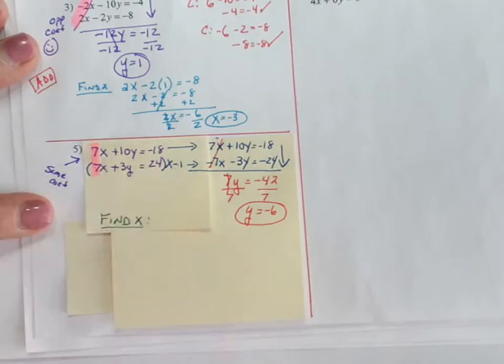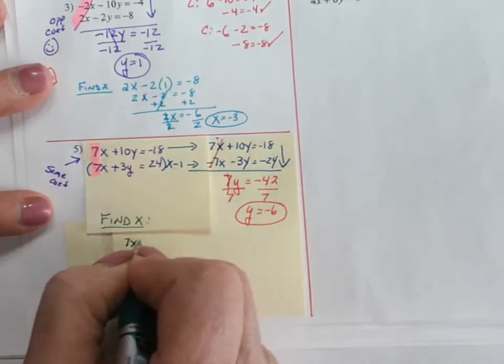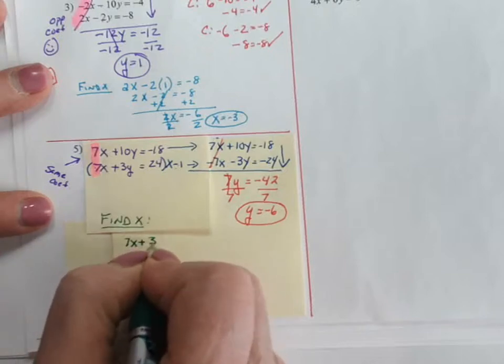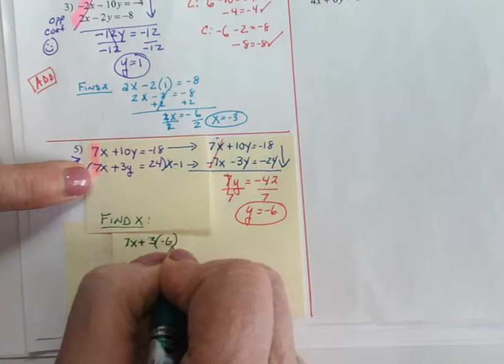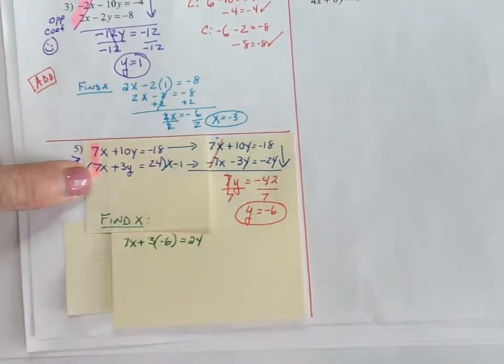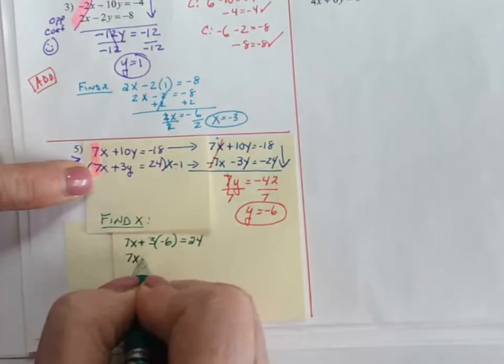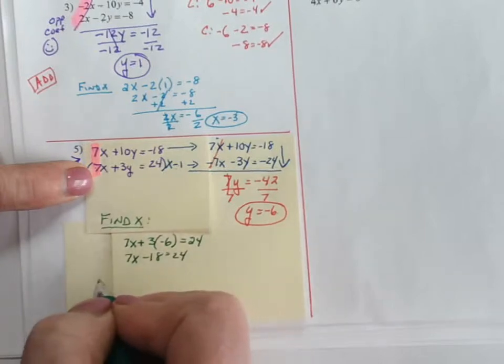I'm going to pick the bottom equation because there are no negatives. So 7x plus 3 times y, which is negative 6, equals 24. 7x minus 18 equals 24.